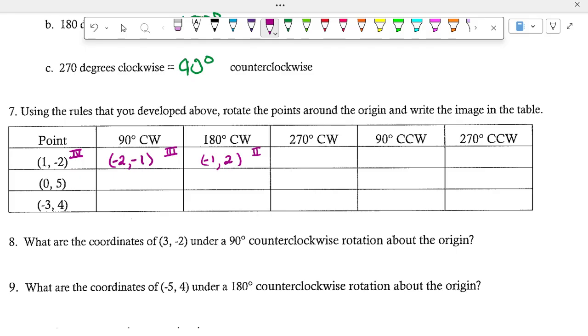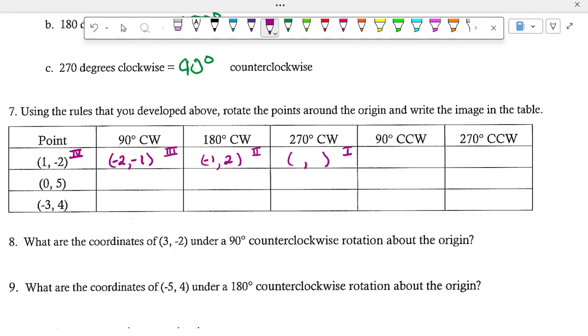Now, if I go 270 degrees clockwise, what quadrant do I end up in? I'm starting at 4. How many quadrants is 270 degrees? It's 3. So 1, 2, 3. So where do I end up? Quadrant 1. So what do the signs look like for quadrant 1?